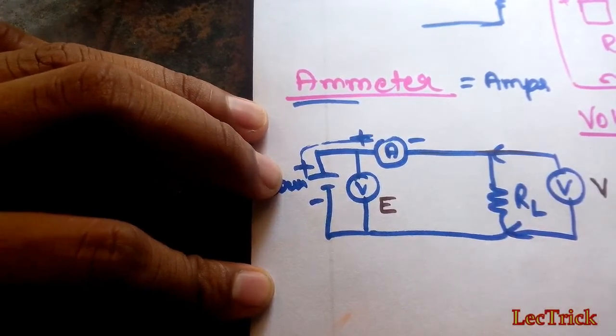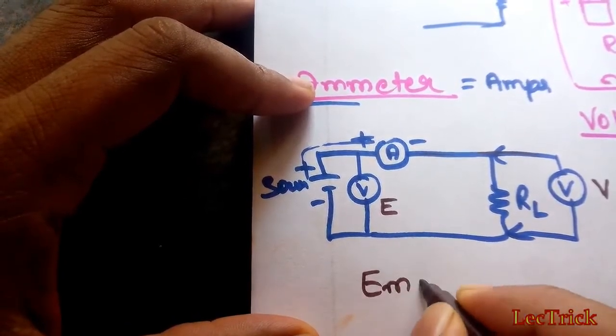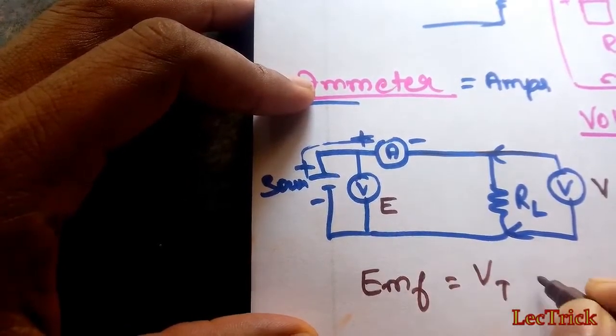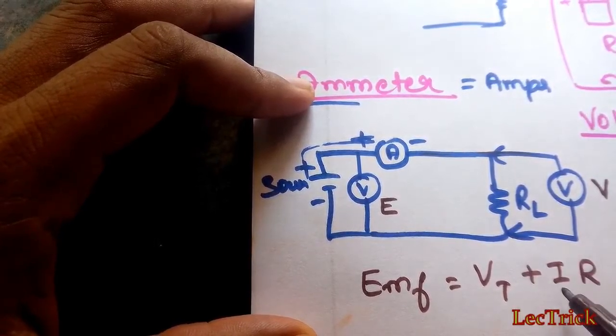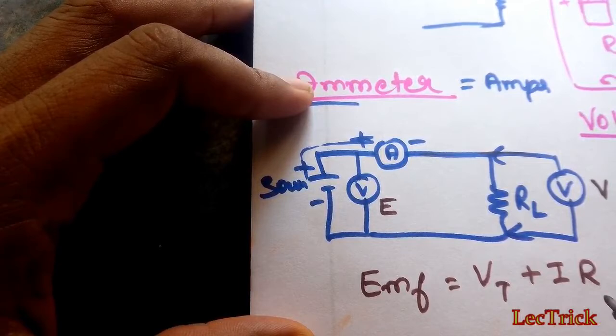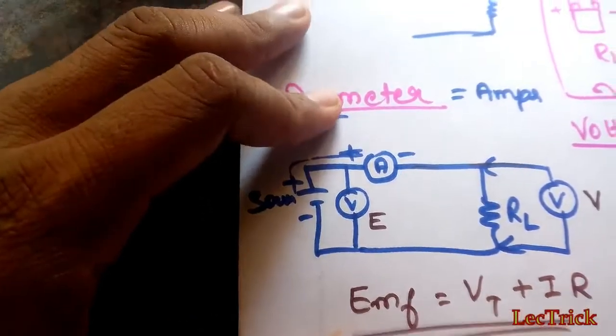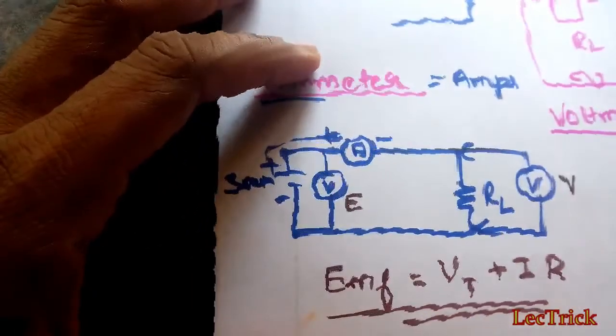For that there is one formula: EMF E is equal to terminal voltage Vt plus I into R, where I is the load current and R the resistance. In the next topic we will discuss Ohm's law.